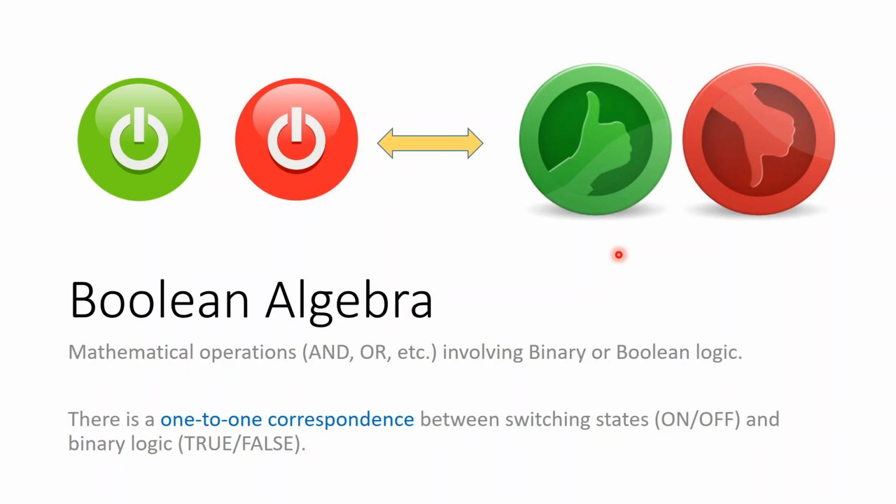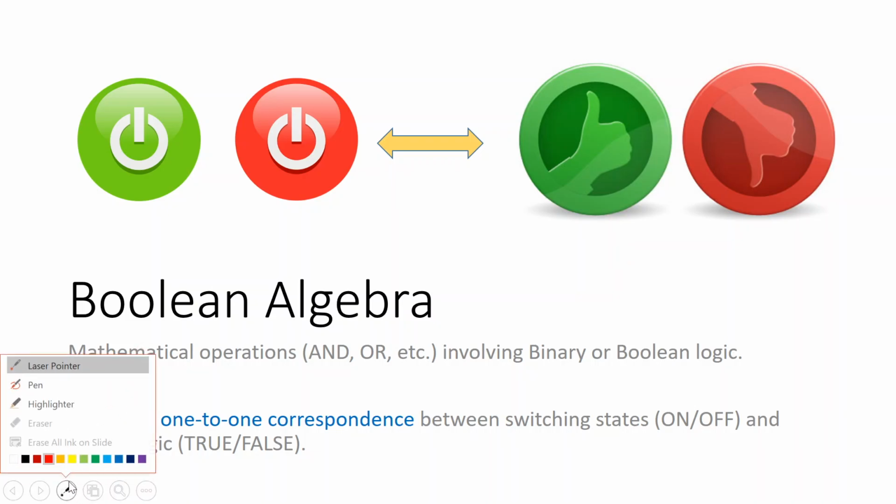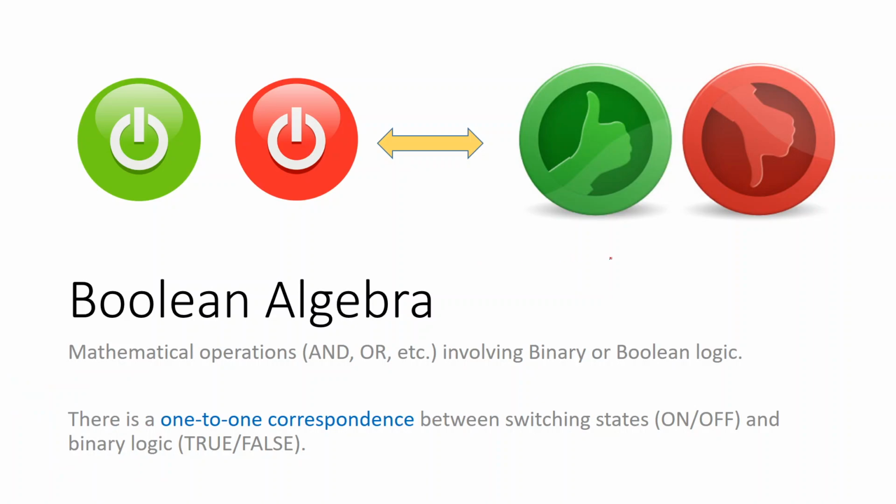There are logical operators defined in this algebra, not arithmetic operators. We know arithmetic operators are plus, minus, multiplication, division. We are not talking about arithmetic operators in Boolean algebra. In Boolean algebra we are talking about the logical operators AND and OR.